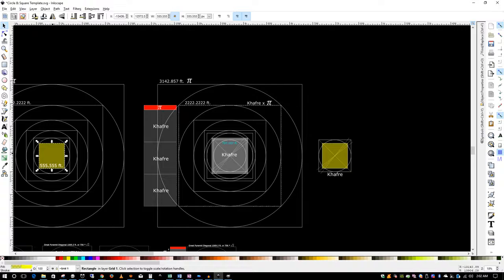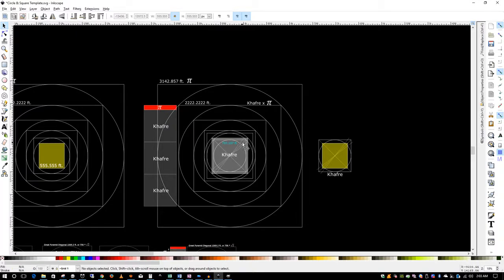Now the 5555 is basically when you take this, and if you notice it's the 785.674, which actually turns out to be the number for pi over 4 when you're dealing with 1,000.